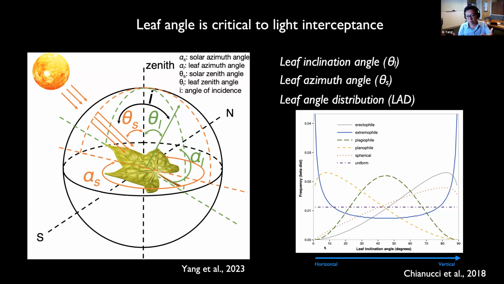There are multiple types of leaf angle distribution that modelers often use. For example, erectophile, which is this gray line here, shows that most of the leaves on the tree canopy are vertical, as the name suggests. You also have planophile leaves down here, which is this dashed yellow line, and that shows most of the leaves are more or less horizontal. And there's these purple dots here.